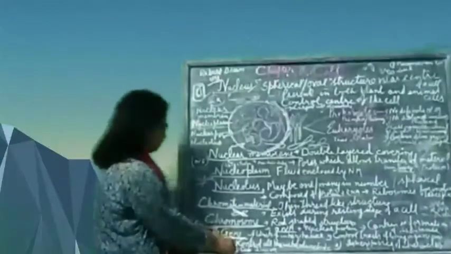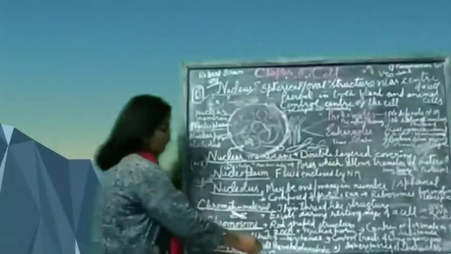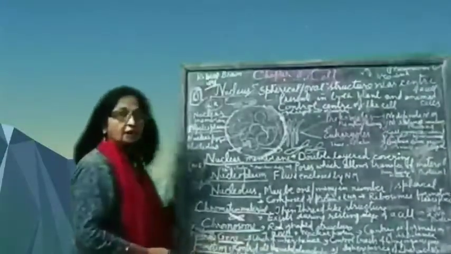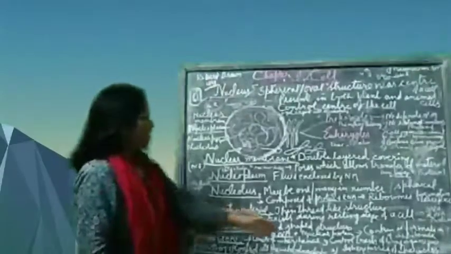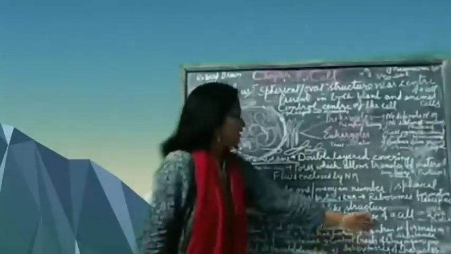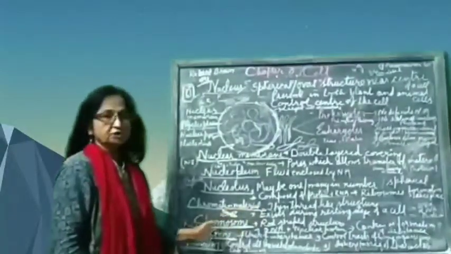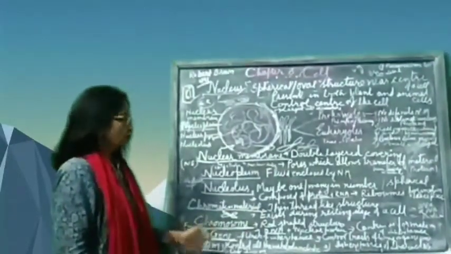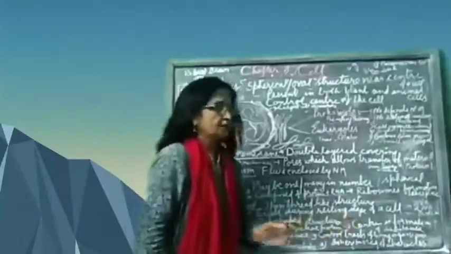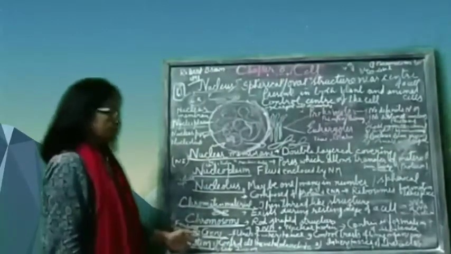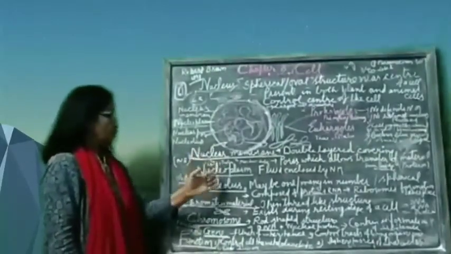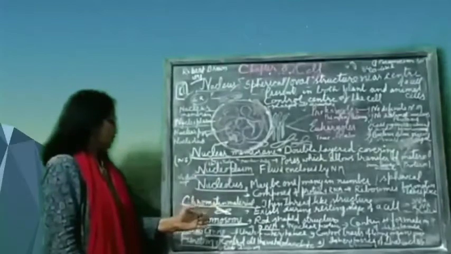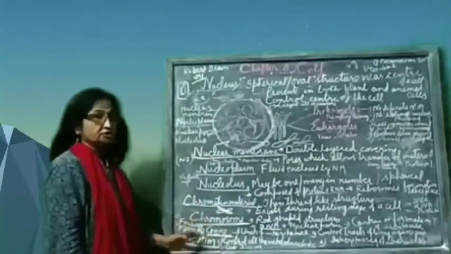It is also helpful in cell division, and as we just discussed, inheritance of characters, because genes are present in the chromosome, so the nucleus is helpful in inheritance of characters. Now you have understood nuclear membrane, nucleoplasm, nucleolus, chromatin material, chromosome and gene function.